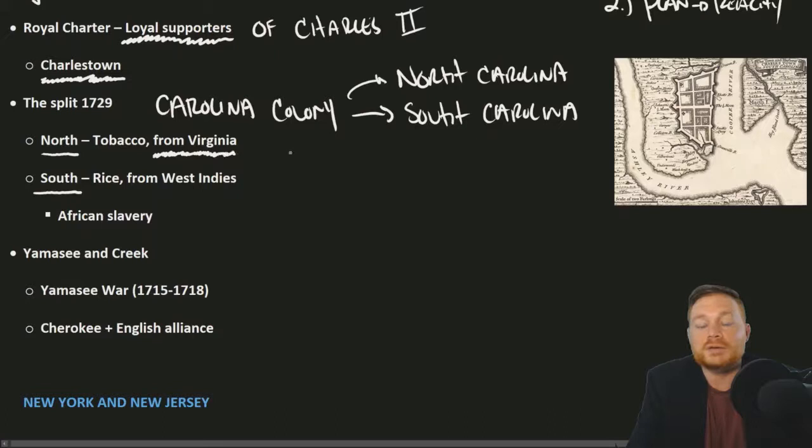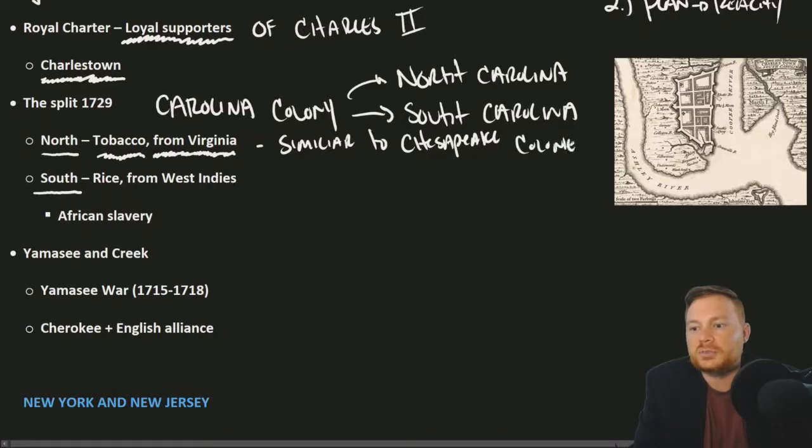So a lot of servants from Maryland and Virginia, when their terms were over, moved to the northern part of Carolina. They brought tobacco with them. And so the northern part of Carolina tended to look a little bit more like Virginia and Maryland. We might say similar to the Chesapeake colonies, right?